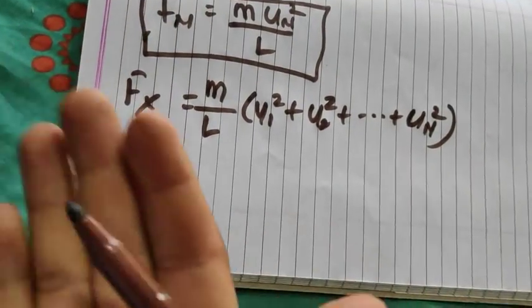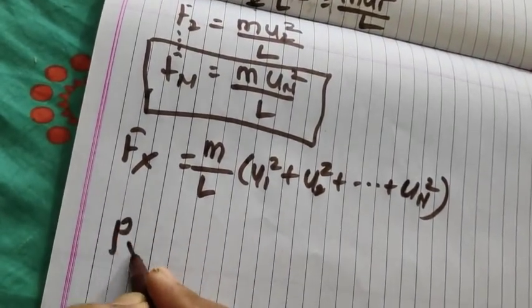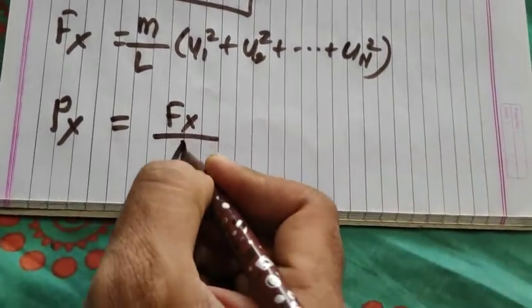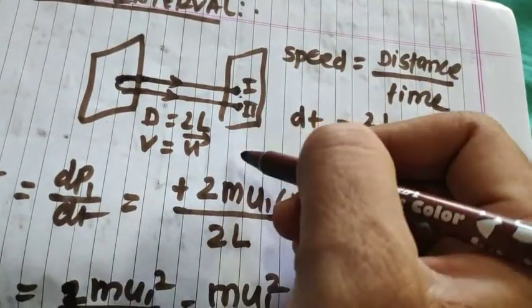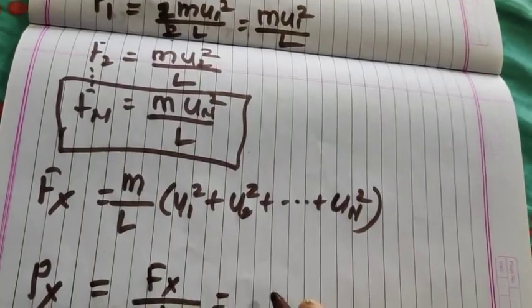After the change in momentum, we have got the force, and after force, we can get the pressure along the x-axis. Pressure along the x-axis is equal to the force along the x-axis per unit area of collision. If we have L as the length of the wall, then the area will of course be L square.